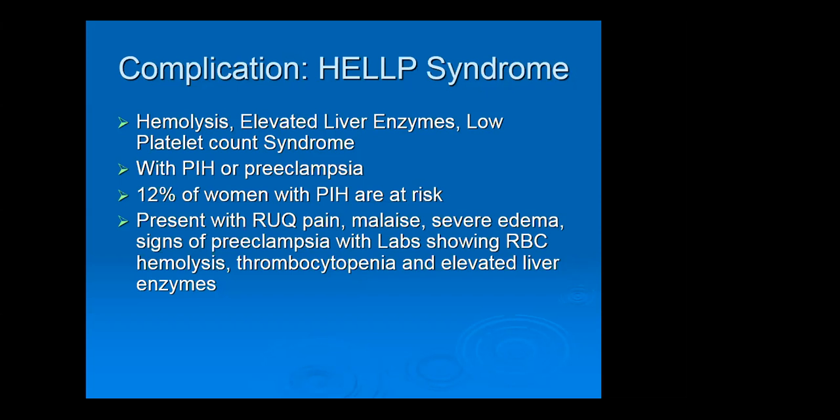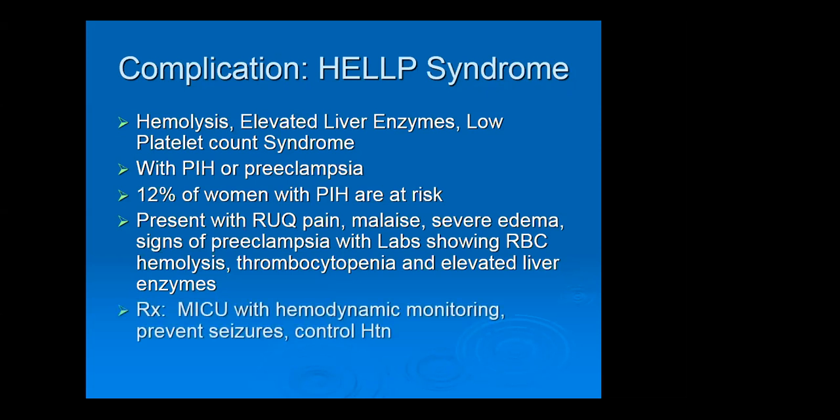So find your preeclamptic patient and find additional unmatching symptoms, and you've got your answer. A lot of times they'll throw in the preeclamptic patient with right upper quadrant pain, abnormal RBC lab, and either elevated liver enzymes, or they'll note a thrombocytopenia, and that will again be tied to your HELLP.